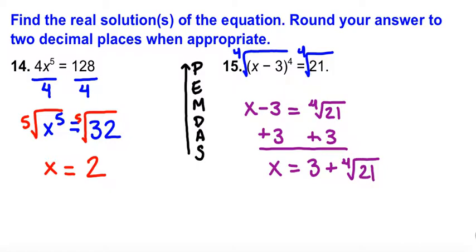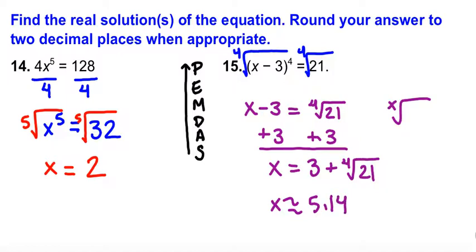So what I'm going to do is type in 3 plus. I'm going to type in a 4, and I'm going to hit my second and my raise key. It's going to give you a little key like this, and then you're going to type in 21 and press equals, which should give us about 5.14.